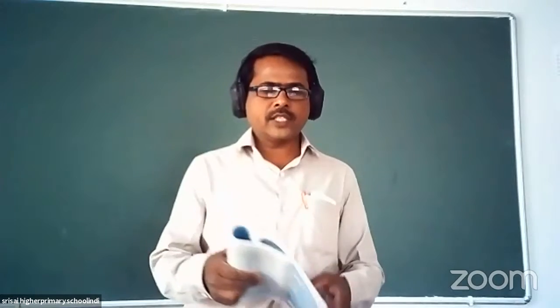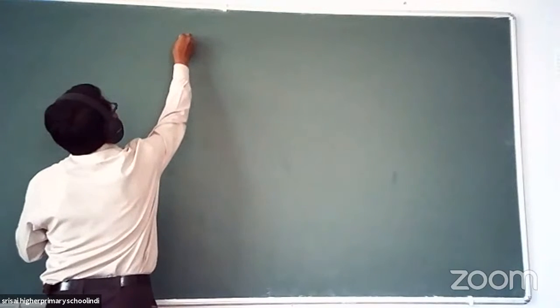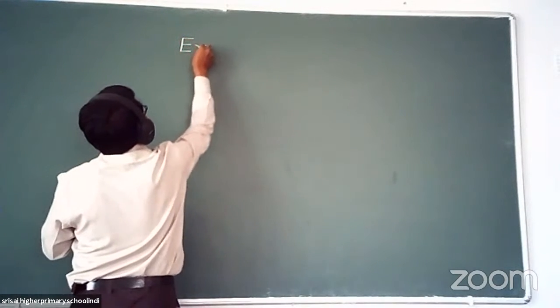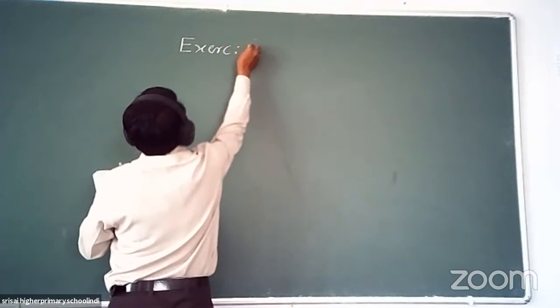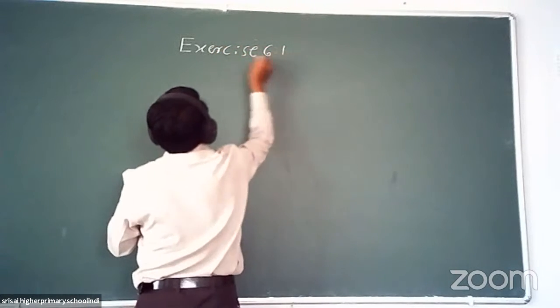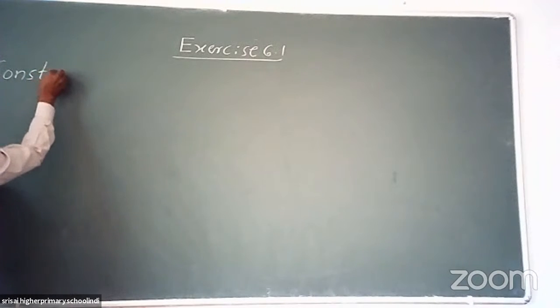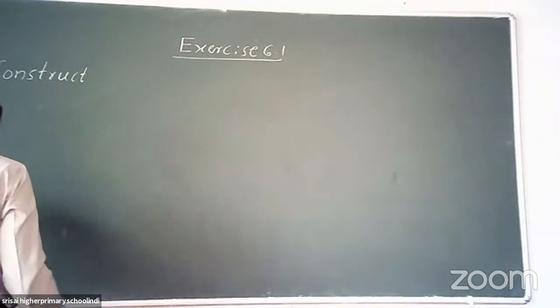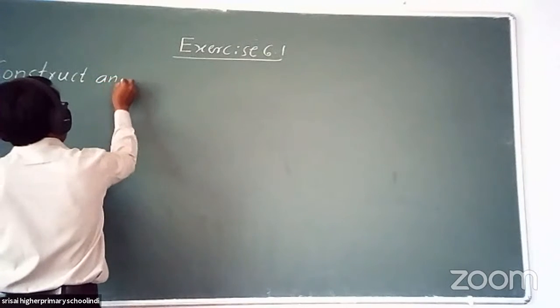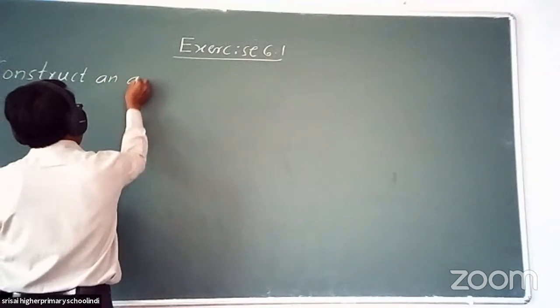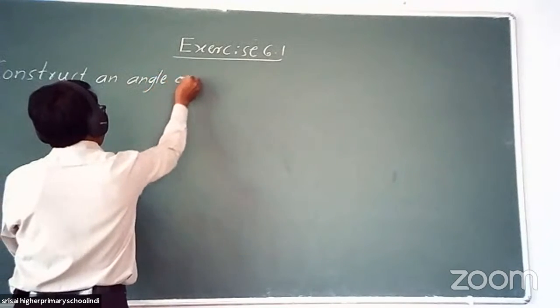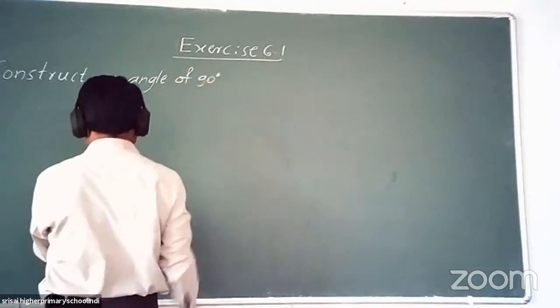We shall start with exercise 6.1. First question is: construct an angle of 90 degrees.